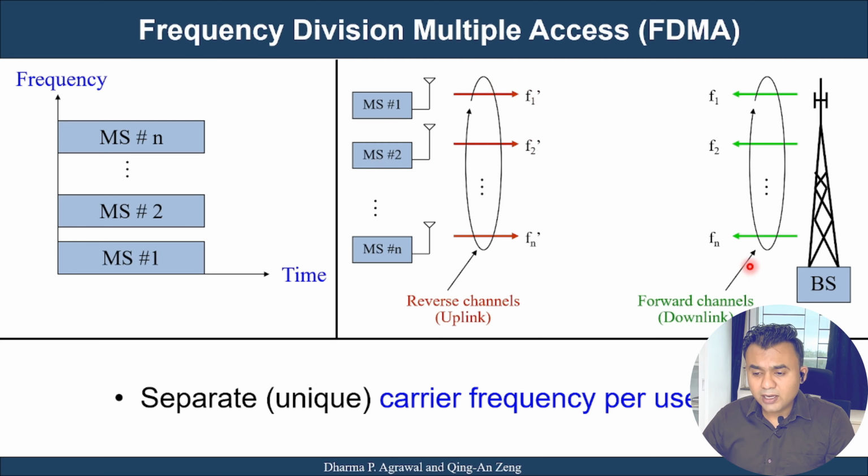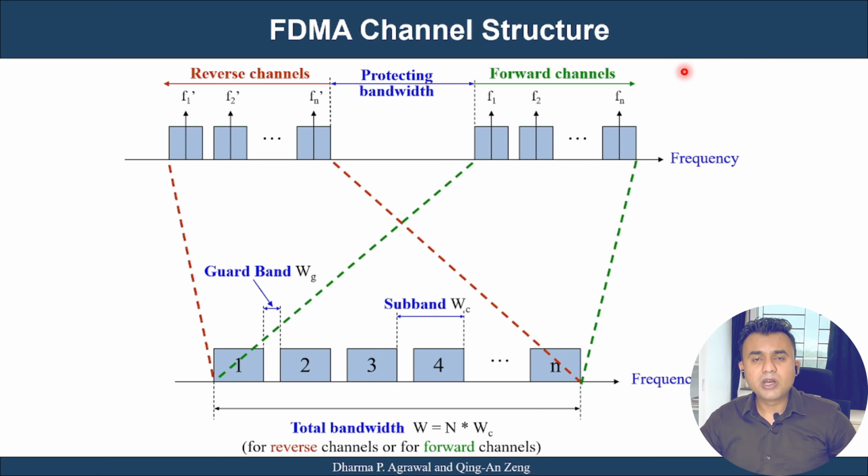In a similar way, in the forward direction, which means the downlink direction from base station to mobile station, separate frequencies are allotted, which are f1 to communicate between base station and mobile station 1, f2 to communicate between base station and mobile station 2, and so on. Which means all the communication links have a dedicated frequency. That's why it is called frequency division multiple access.